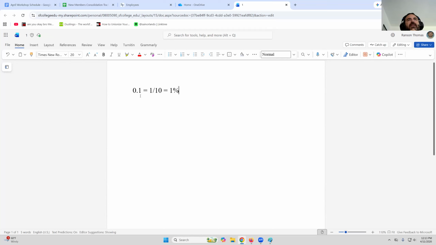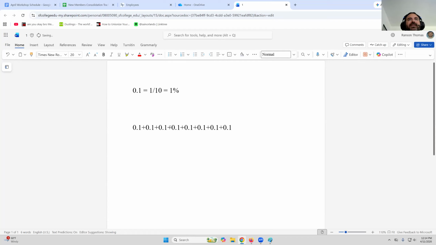If that doesn't make sense, maybe I can help. If you take 0.1 and ask, how do I get from 0.1 to 1? Well, plus 0.1, plus 0.1, plus 0.1.